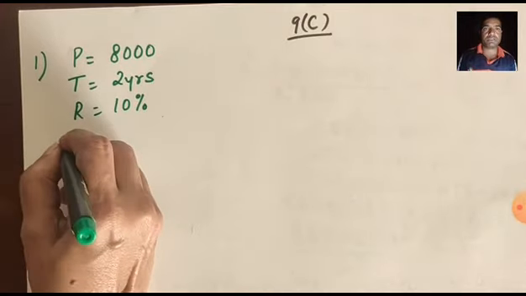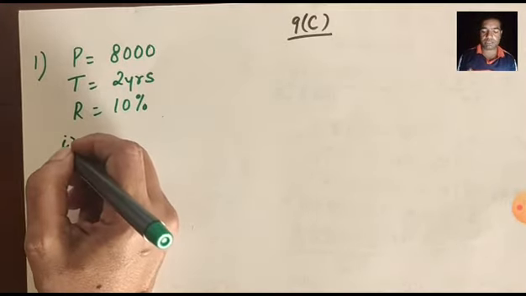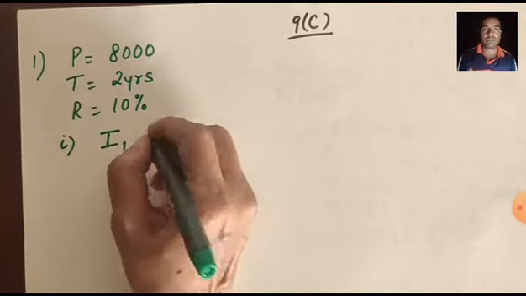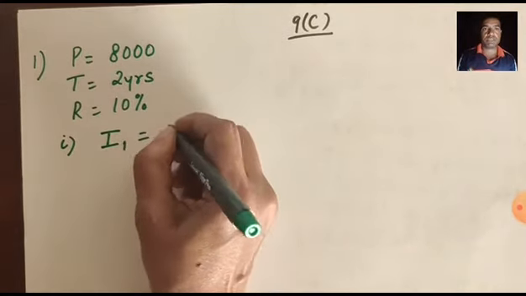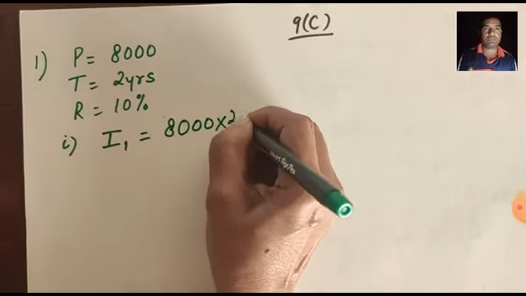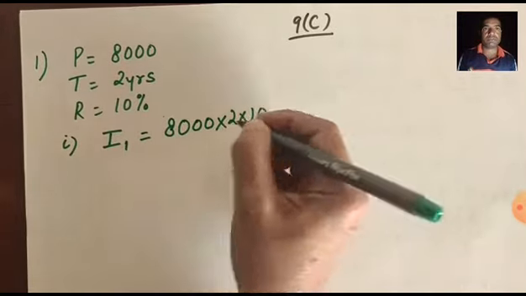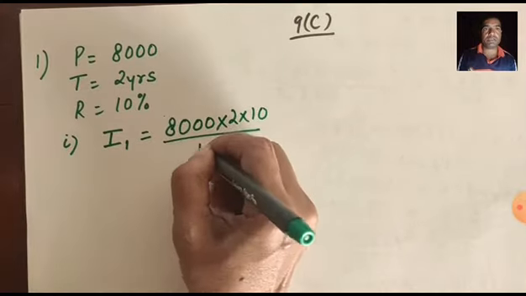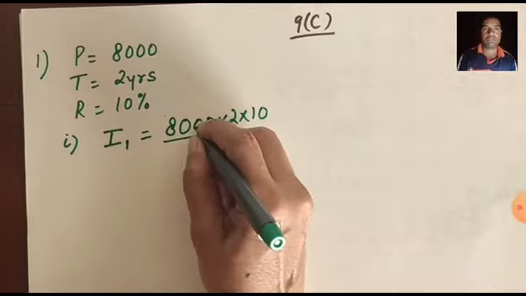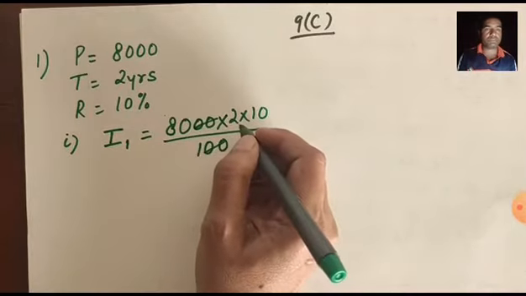So for the first year, I1 is equal to PRT upon 100. P will be 8,000, R will be 10, T is 1, upon 100. The two zeros will get cancelled.